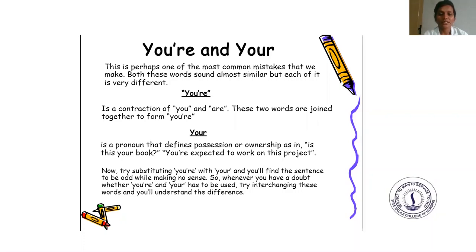You're expected to work on this project. Second one is you are expected. Now, try substituting your with you're and you'll find the sentence to be odd while making no sense. So whenever you have a doubt whether you're and your has to be used, try interchanging these words and you will understand the difference.